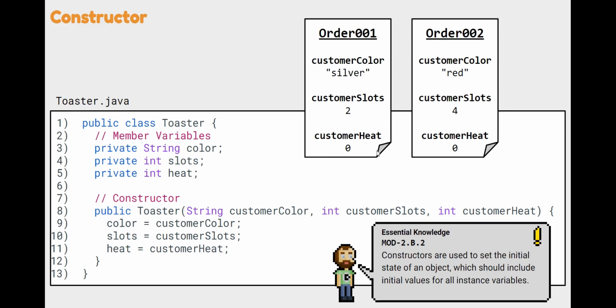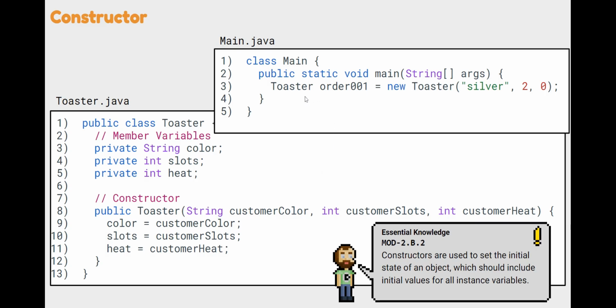Now, we've been programming long enough that we know that we don't actually get an order form. What we would have is an object declaration and instantiation statement in which we declare a toaster object and give it a name. We would assign it what is returned by the constructor after we pass in these 3 values.